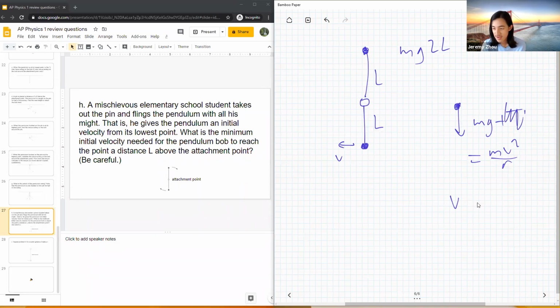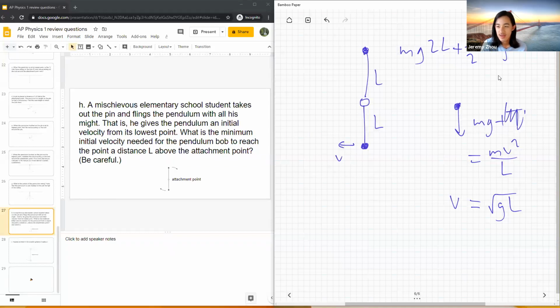V equals, well, r here is L. And so V equals root GL. So now we have a total energy up here of mg2L plus 1/2 mgL.